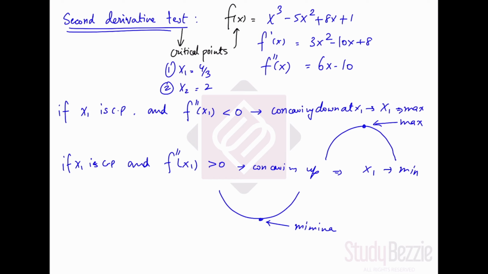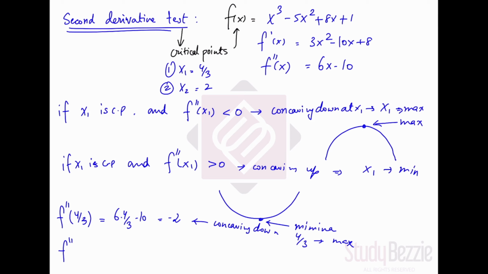So that's the test. Now to apply the test on these 2 points, I'm going to find the value of the second derivative at the first candidate, 4 over 3. That came out to be 6 times 4 over 3 minus 10. So that would just be 8 minus 10, so it's going to be negative 2. Okay. Now because the second derivative is negative 2 at the 4 over 3 value, that means the function is concaving down, making 4 over 3 a max, because that's what we concluded in the first.